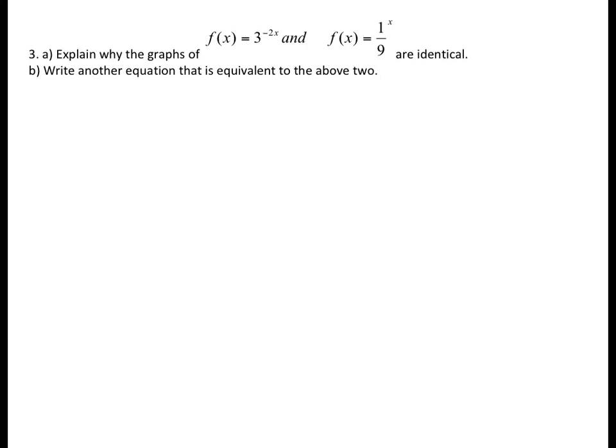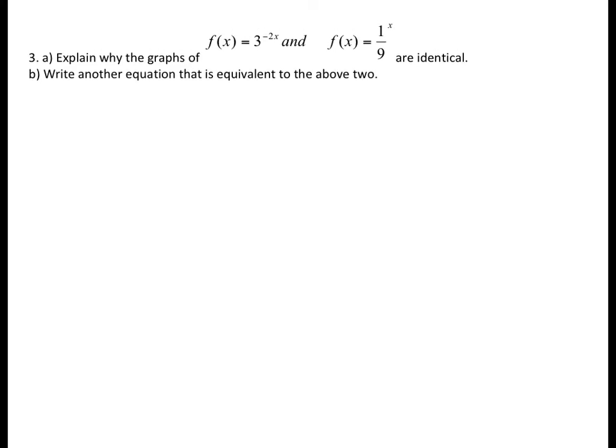Okay, the next question. You have to explain why the equations f of x equals 3 exponent negative 2x and f of x equals 1 over 9 exponent x are equivalent, and then write the same equation in a different form. So we can simplify the first equation, 3 exponent negative 2x, as 1 over 3 exponent 2x.